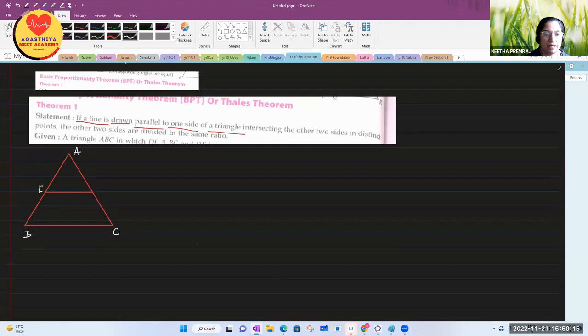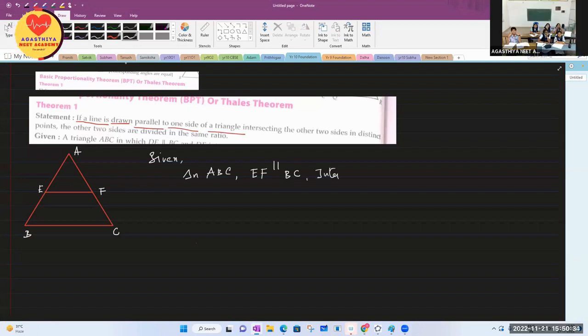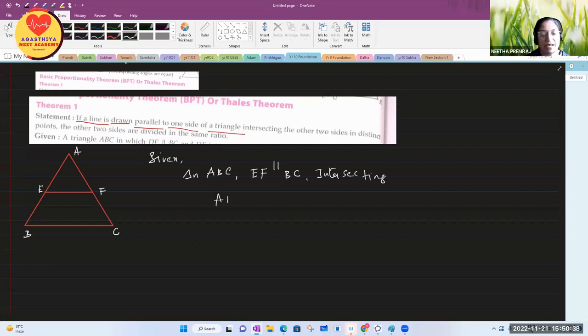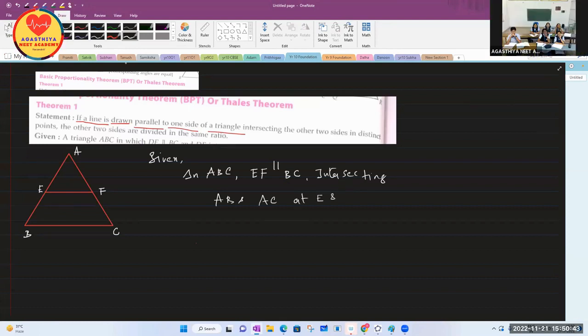and E, F. What is given in triangle ABC? EF is a line parallel to BC, intersecting AB and AC at E and F respectively, isn't it?